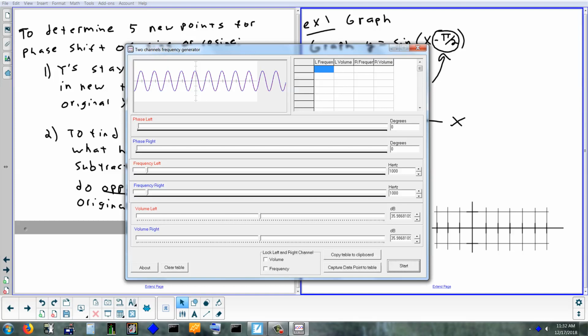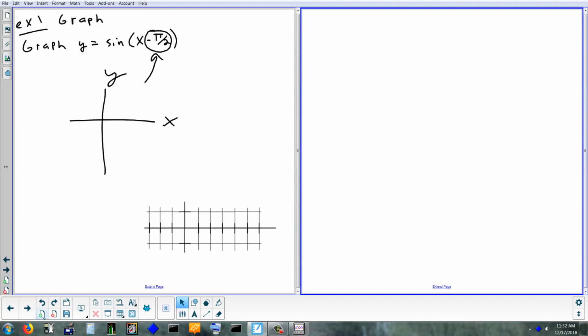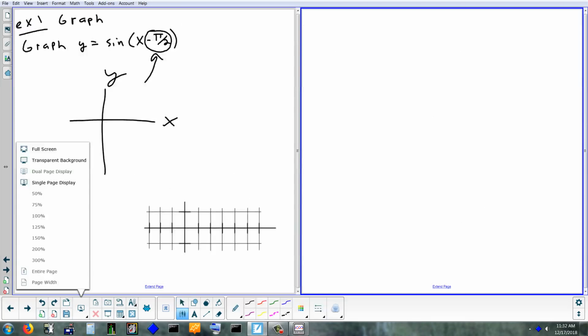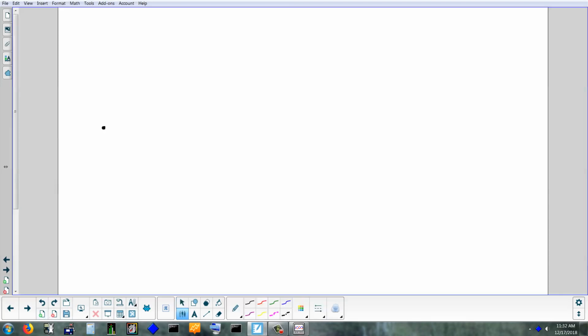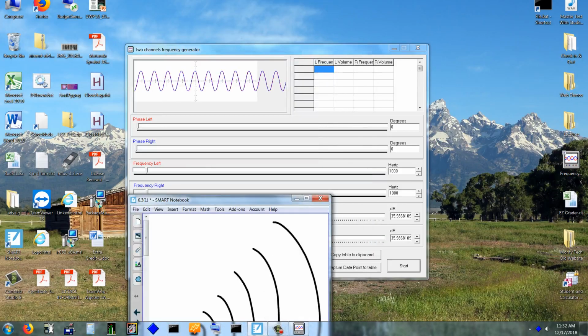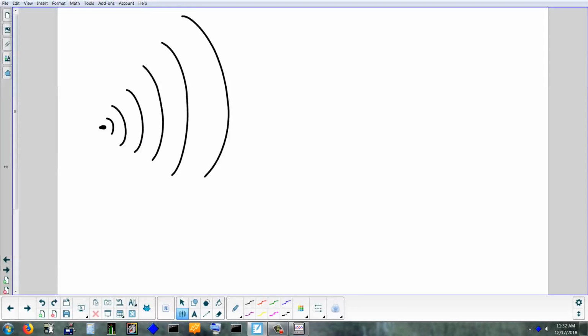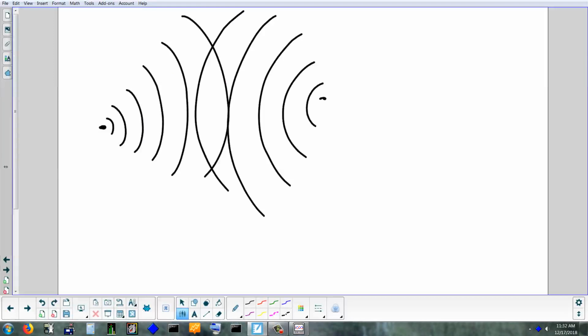Multiple speakers would complicate it a little because then your sound isn't coming from a single point. If you think of it like this, sound comes out as a wave. Here's a point, and the sound comes out like that. When you have 2 points, it's relatively easy to figure out what the pattern of intersection looks like.